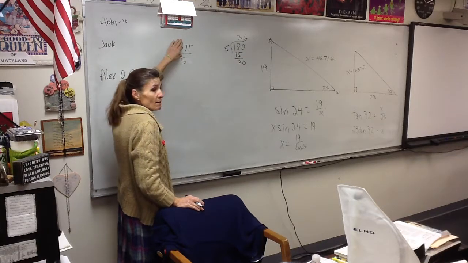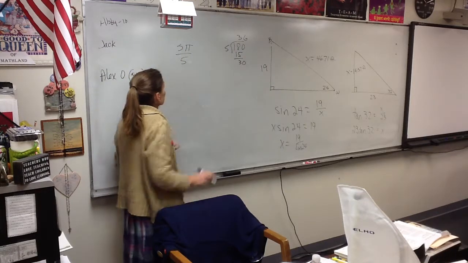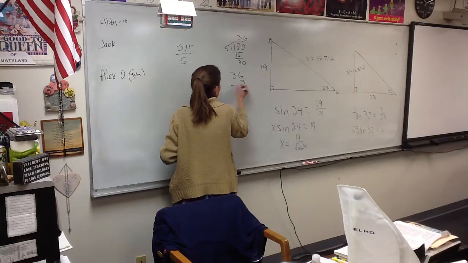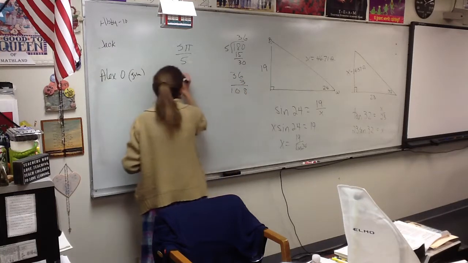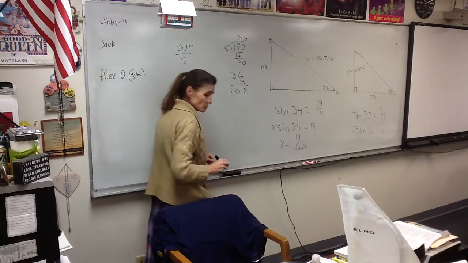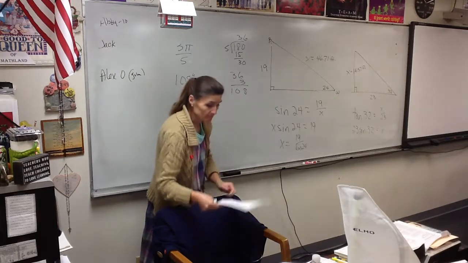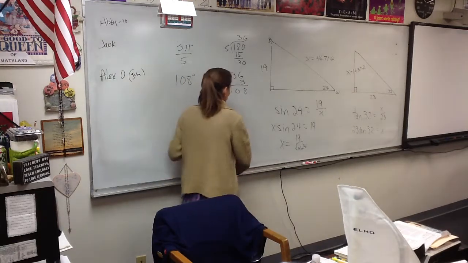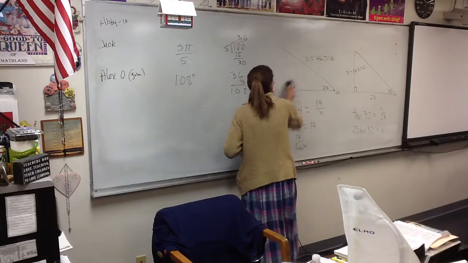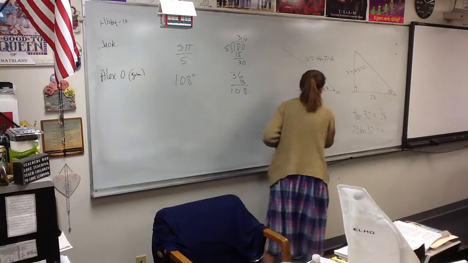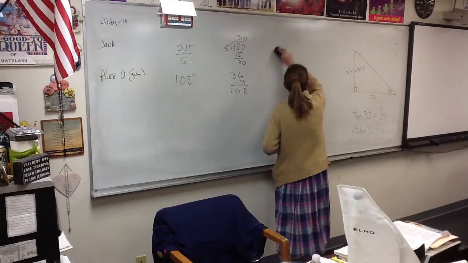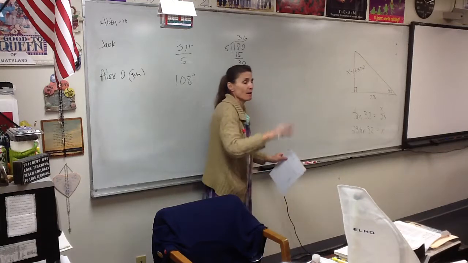So 180 divided by 5 is 36, and 36 times 3 is 108. Okay, I just went about the wrong way. You guys, really, just stop. Just be quiet.